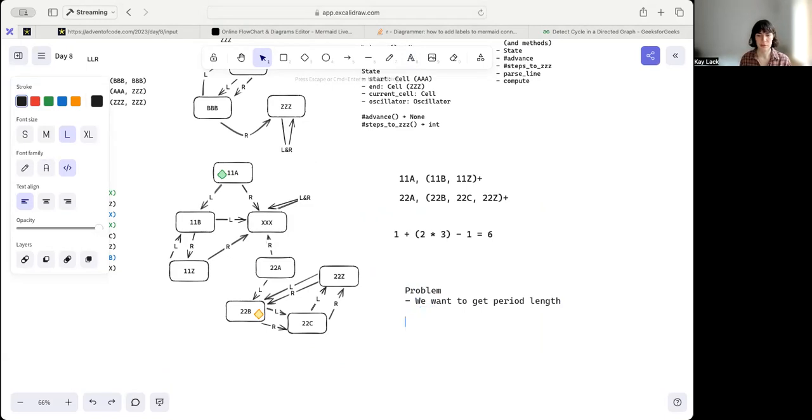Okay, let's go with the ugly version of it.